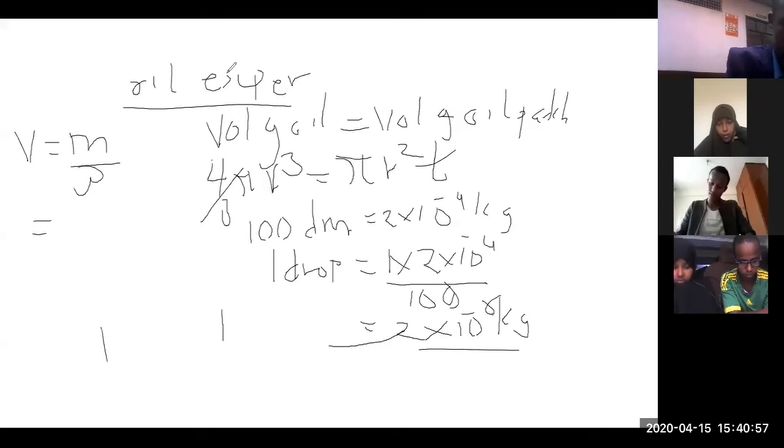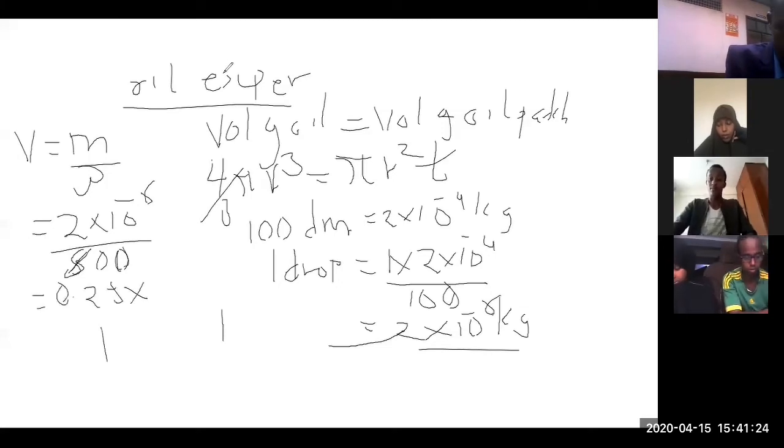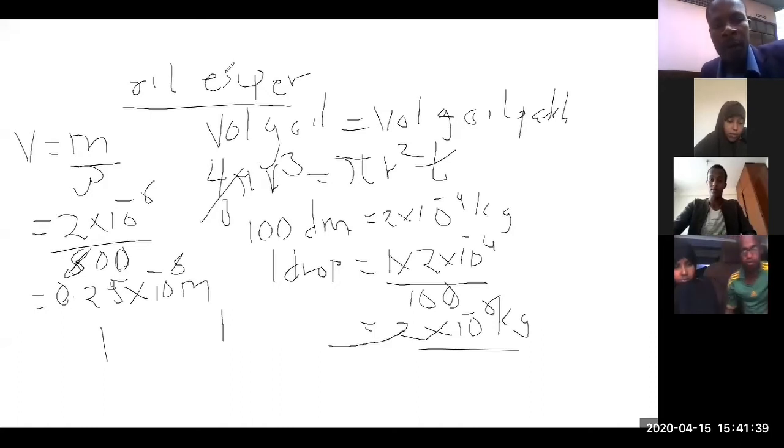Our mass here is 2 times 10 raised to power negative 6, divided by our density of oil in kg per cubic meter, that is 800. If you do that, that gives you 0.25 times 10 raised to negative 8, in cubic meters. So this is the volume of the oil drop.